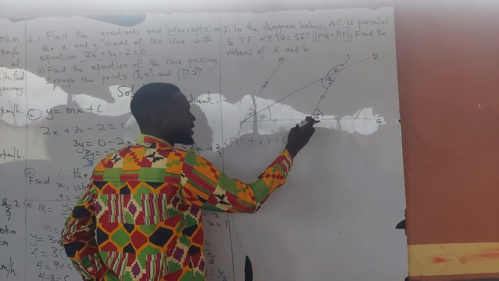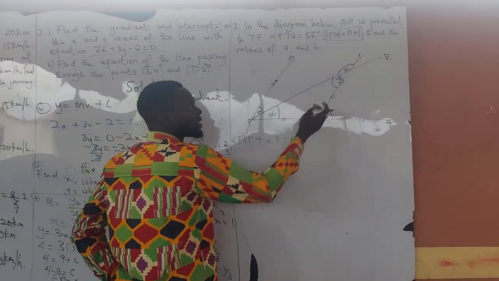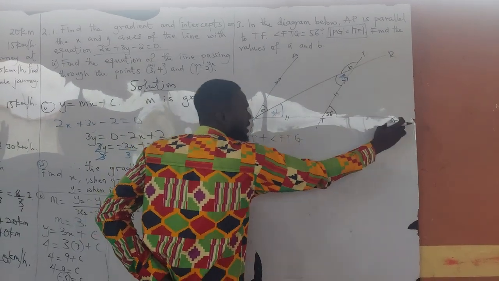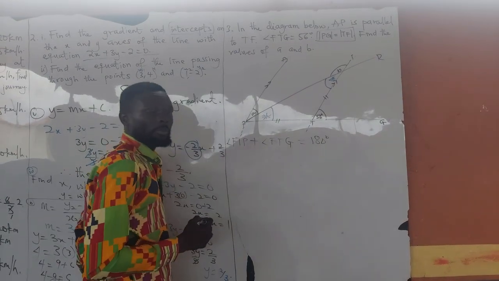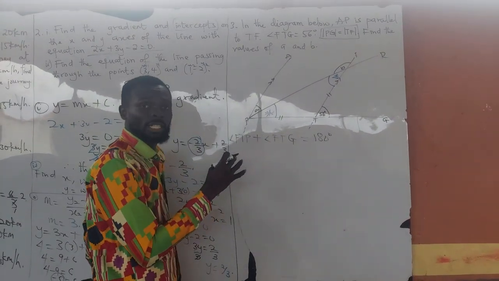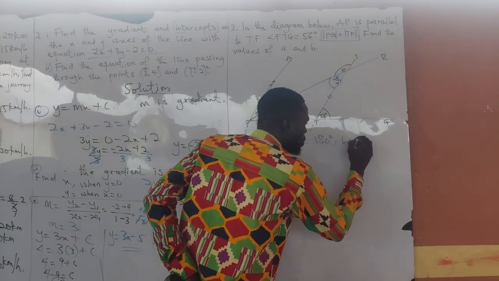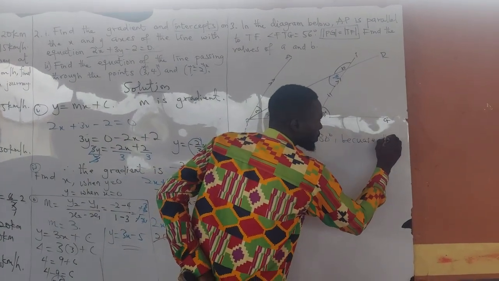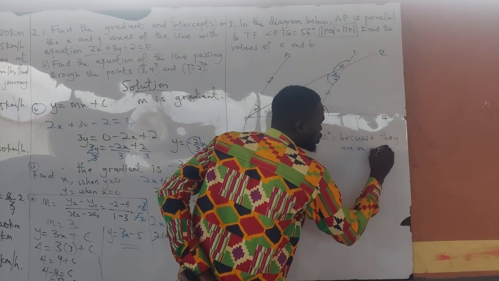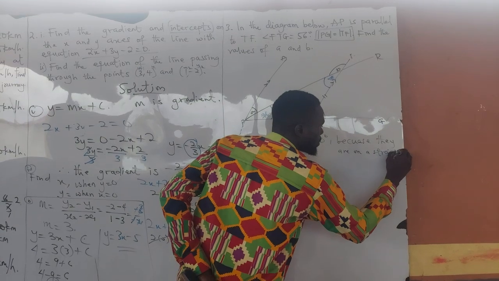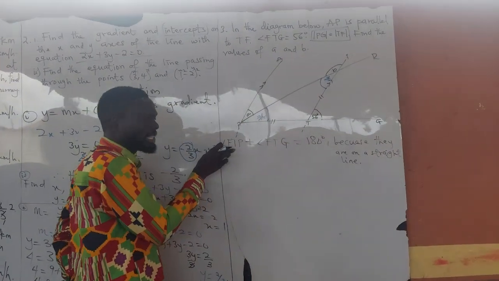Angle FTP, this angle, plus angle FTG, this angle, is equal to 180 because angles on a straight line sum up to 180. So you can write because they are on a straight line. Full stop.